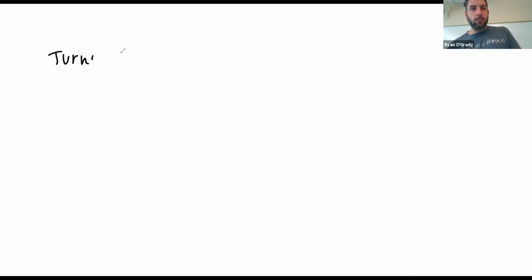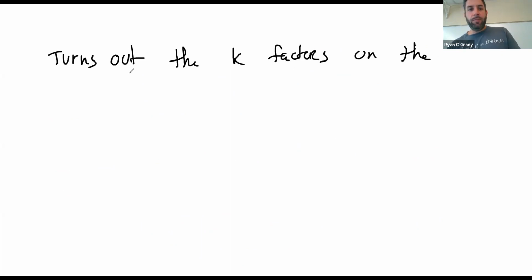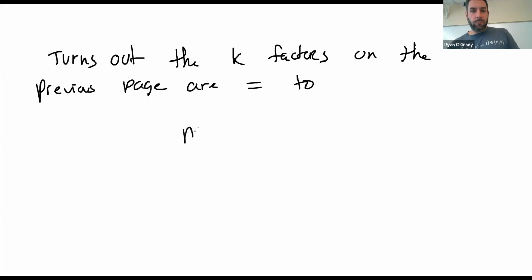Turns out the K factors on the previous page are equal to this: n factorial divided by the quantity n minus k factorial.